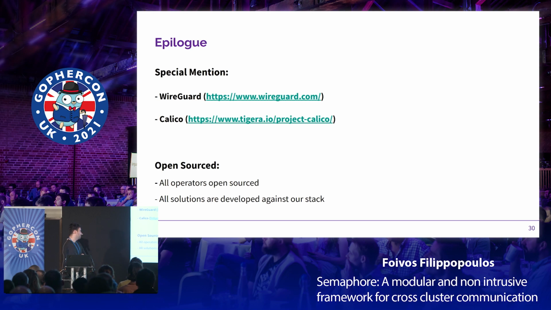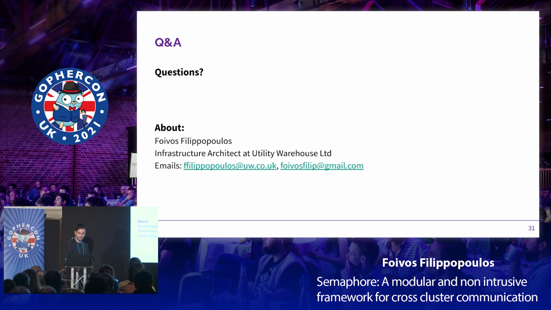And a little bit about this work: we open source everything, even though we appreciate that everything here is just developed to provide a solution based on our stack. There might be other solutions out there, but this was simple and fun enough to work against our stack. And since I'm well ahead of time, we have time for questions.